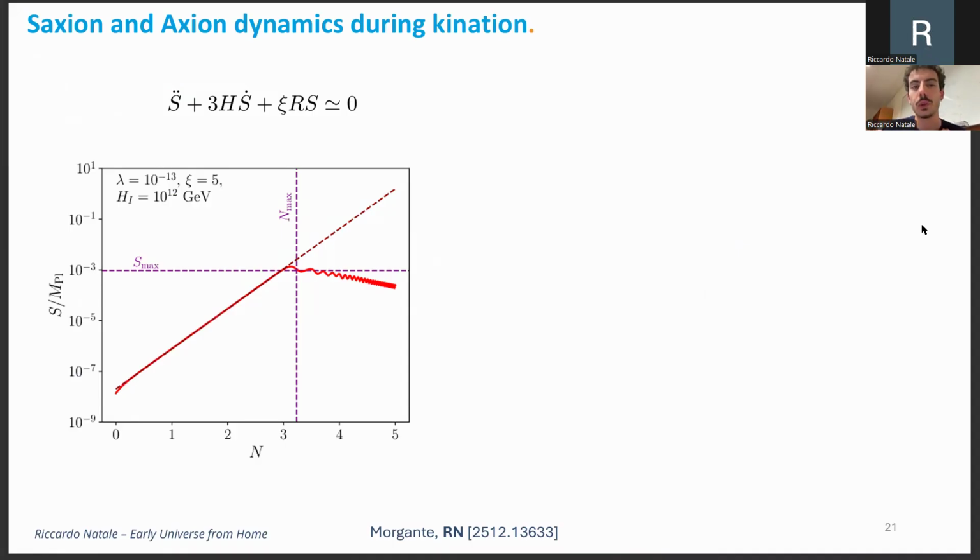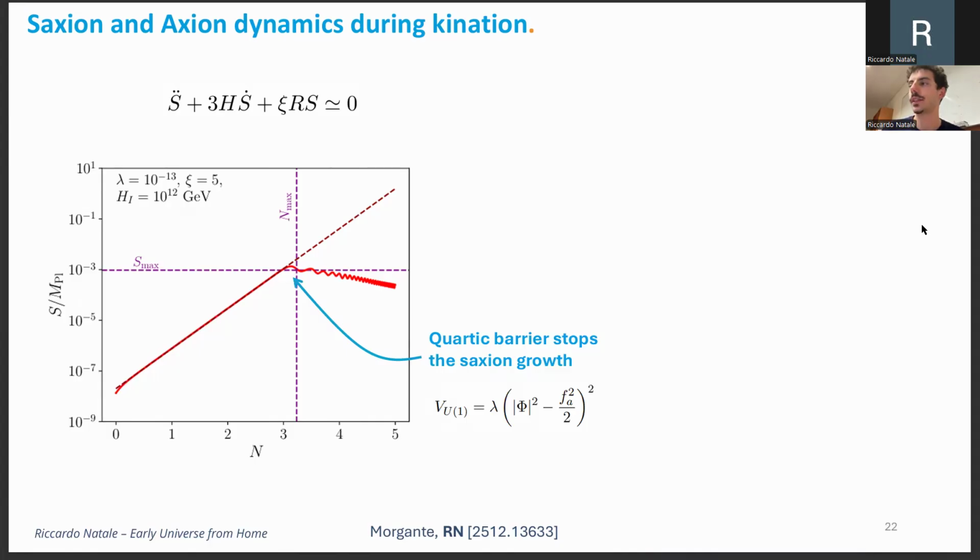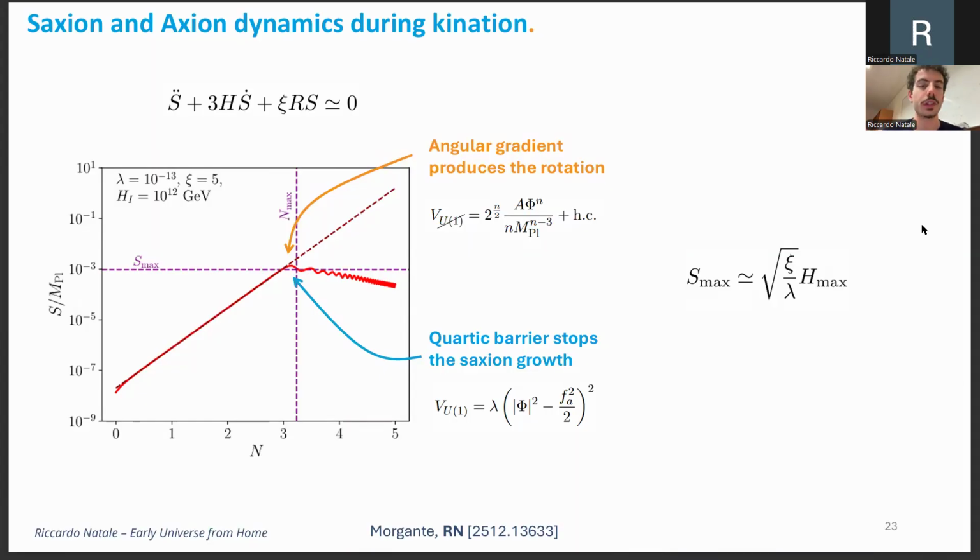And if we look at the equation of motion, this has a solution that is indeed growing in time. And this growth lasts until the quartic barrier becomes relevant and it stops the axion. And at a large field value, higher order operators can become relevant and then impart a kick also in the angular direction, so making the axion move.